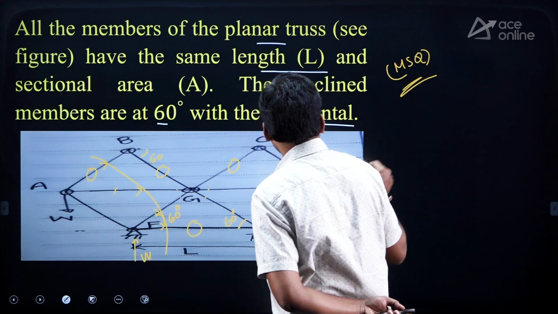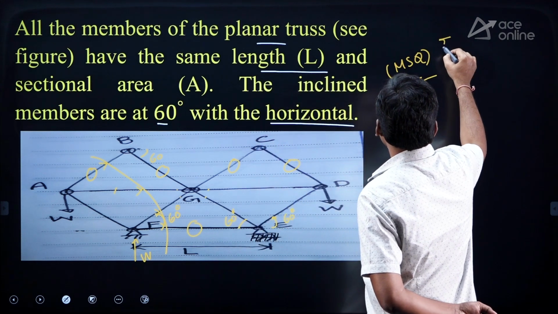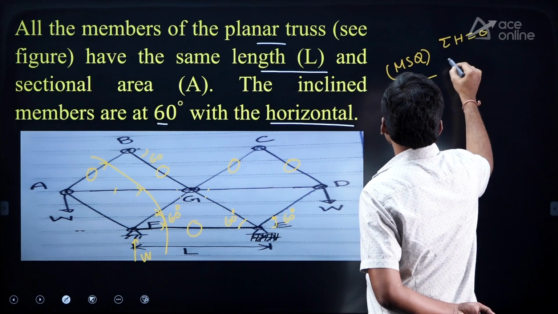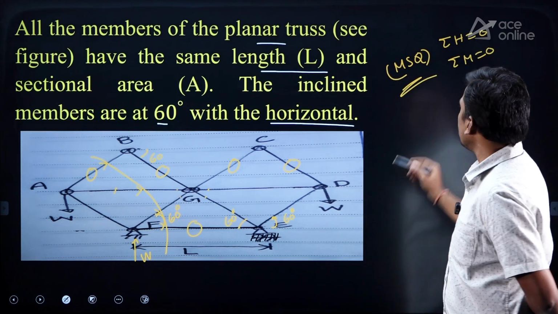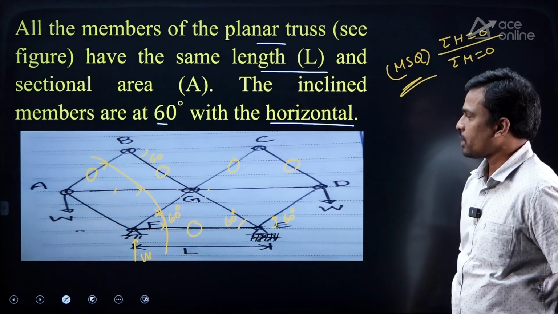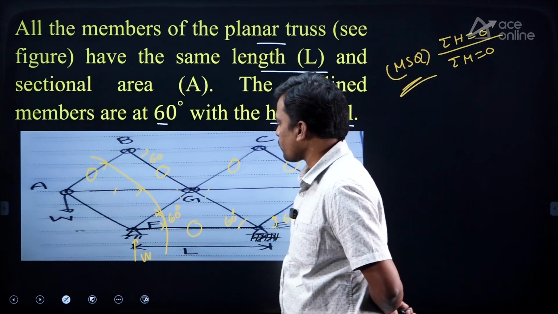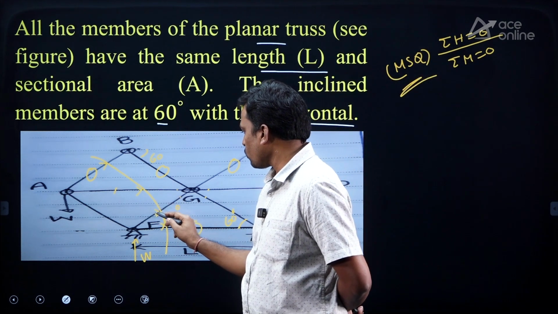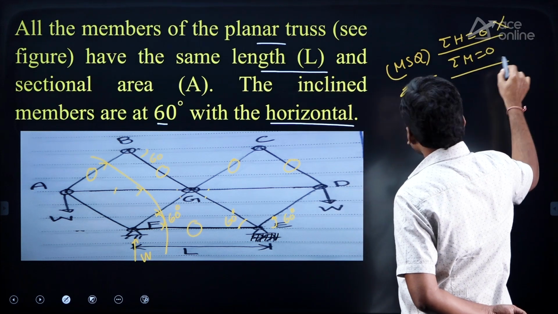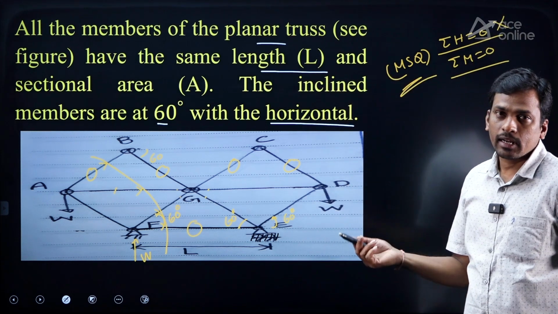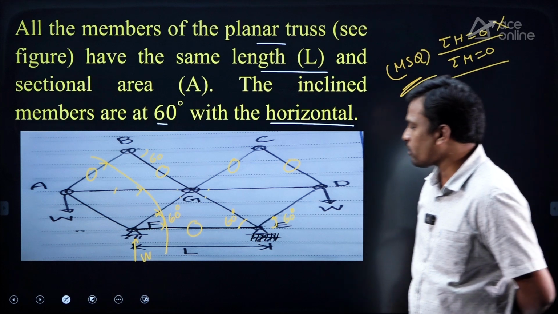For horizontal member, preferable equilibrium equations only sigma H equals to 0 and sigma M equals to 0. Okay, so first we will try with sigma H. How many horizontal cut members are there? 1, 2, 3. So more than 1, not possible. Then moment equilibrium equation.